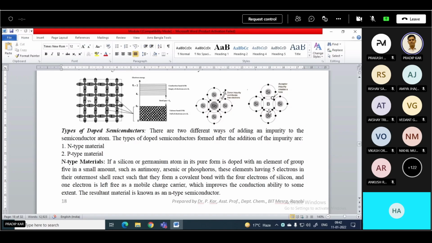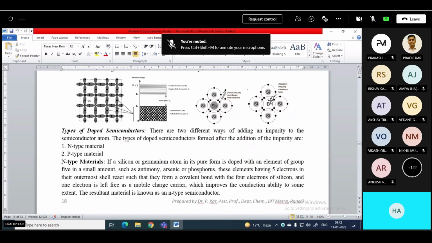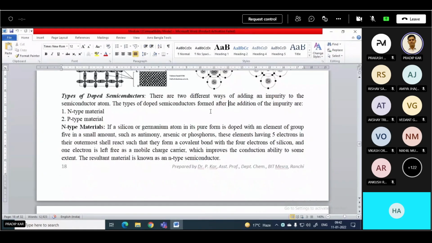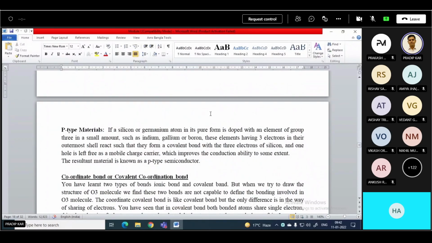But as per the octet rule, it should have 8 electrons. So it has 1 vacant extra hole. That extra hole is acting as a defect for that crystal, and this is known as P-type. The hole acts as a positive charge. That is why we call it a P-type dopant or P-type material.